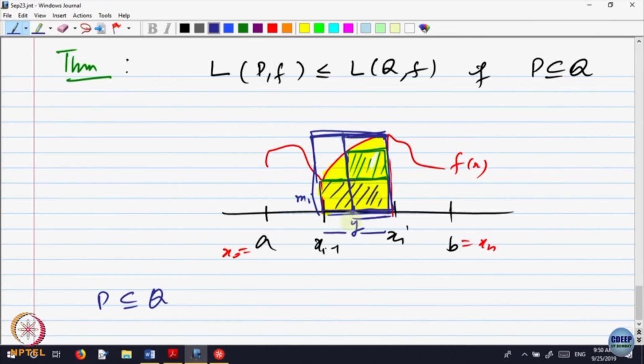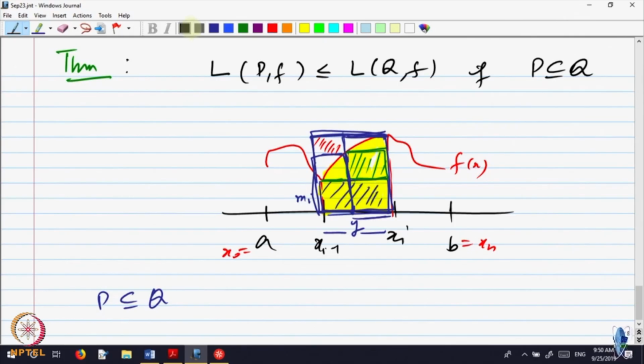But for the other part of the partition from xi minus 1 to y, the maximum value is here, so I will be looking at this rectangle. So in the upper sums, this portion in between will be removed. So the upper sum will tend to decrease as you refine the partition.